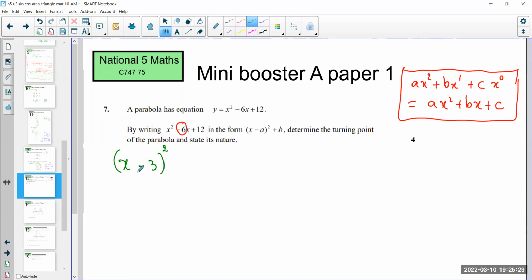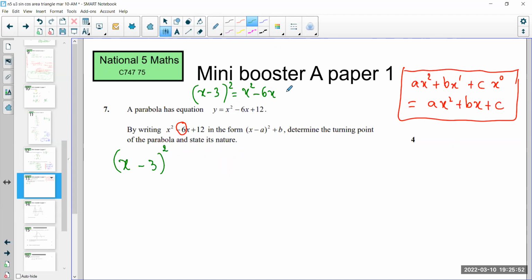But when I do this, I'm introducing plus 9, because look at what (x minus 3) squared is. It's x squared minus 6x. What's negative 3 times negative 3?